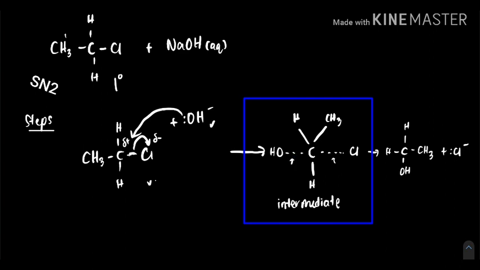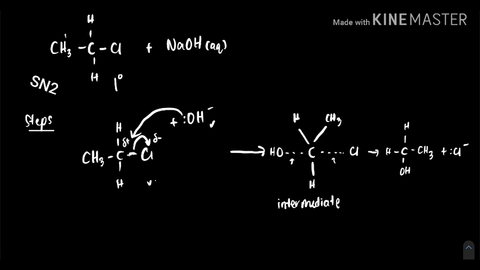Then you show the 3 just like this, and put in hydrogen, CH3, H, and hydrogen, CH3 and H. So this is what we call the intermediate.